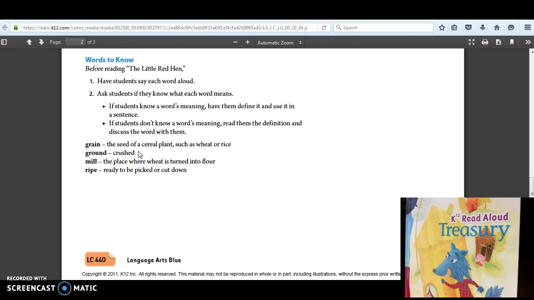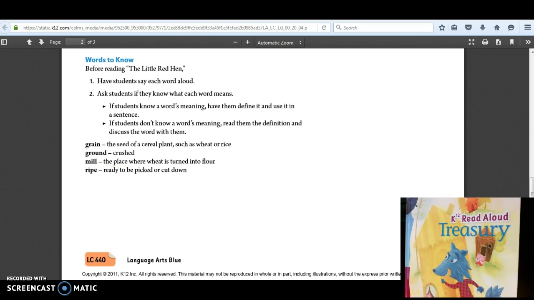Like you're going to ground up some grain, or you're going to crush some grain. And then the next word is mill. This is the place where wheat is turned into flour. It's a place called a mill. And then ripe, which means it's ready to be picked or cut down. Like if you went out to an apple orchard, you would only pick the apples that are ripe, which would be the ones that are ready to be picked and eaten.